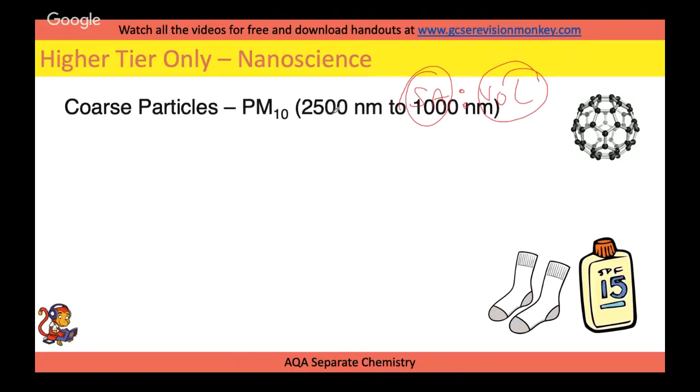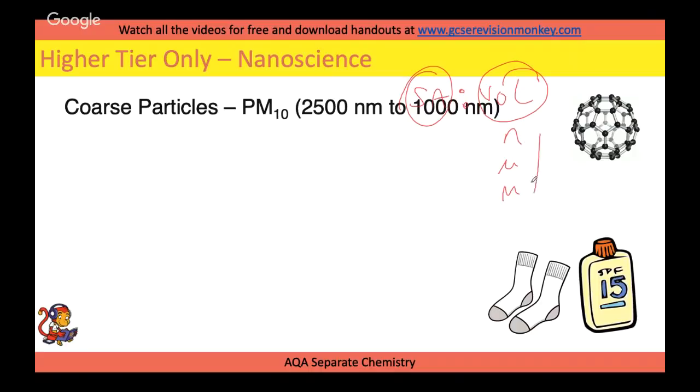So, small particles, but the biggest of the ones that we're going to talk about are coarse particles. They are in the range of 2,500 nanometers to 10,000 nanometers. You could also write these as micrometers. So remember, nano, micro, milli.